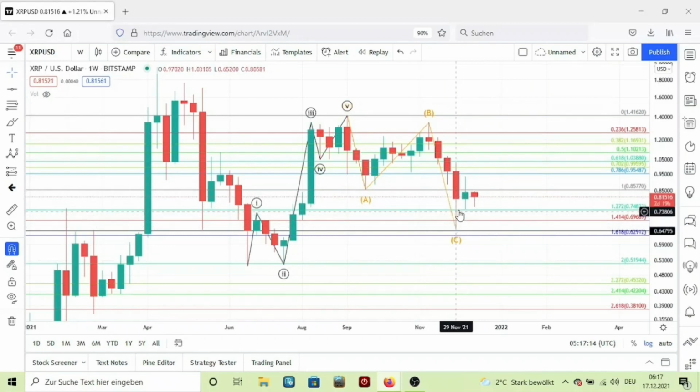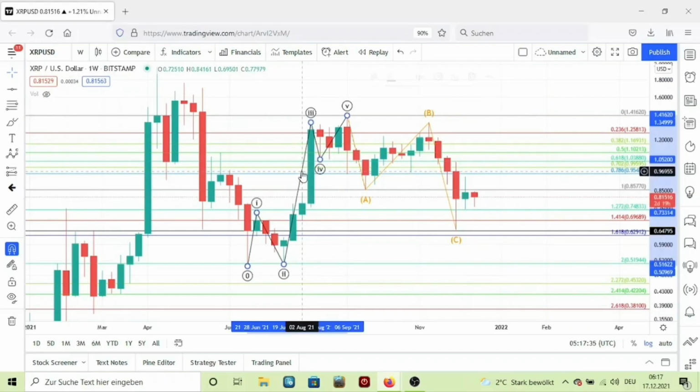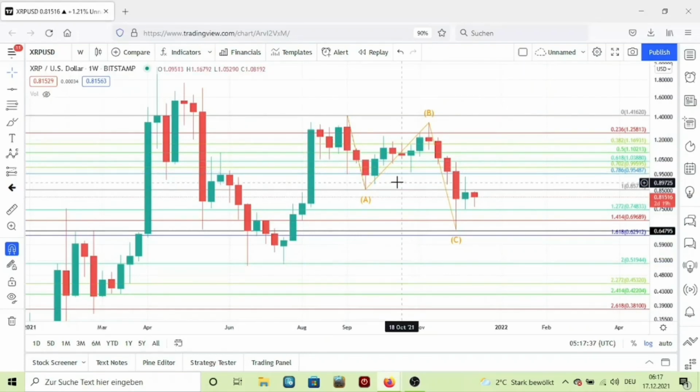We have seen it wicked deeply in this territory here, rejected hard, tried to pump above, retested the 1.272, went up, dropped again. So nothing really unusual so far, and I will show you also some other things now.